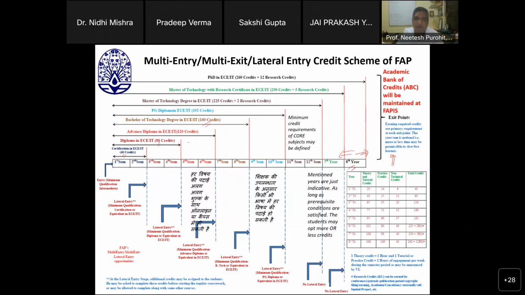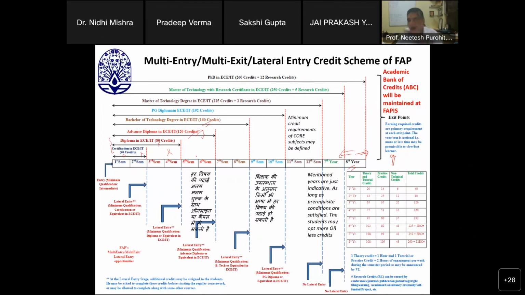In the flexible academic program, after earning 120 credits, you may opt for an exit. And there is a provision for 80 credit and 40 credit exits as well. But as of now, for the 2022 batch, we have not enabled this too. It is just experimentation. So only after completing 120 credits, one can opt for an exit.